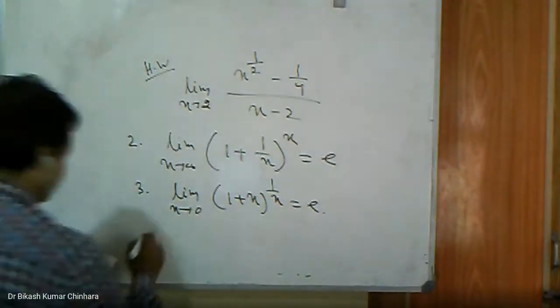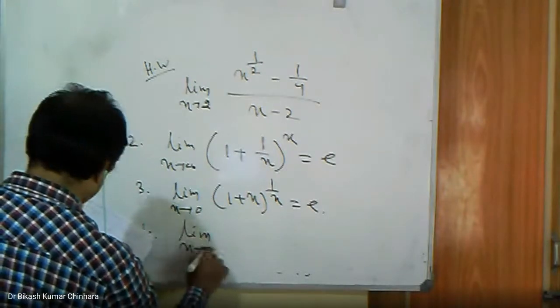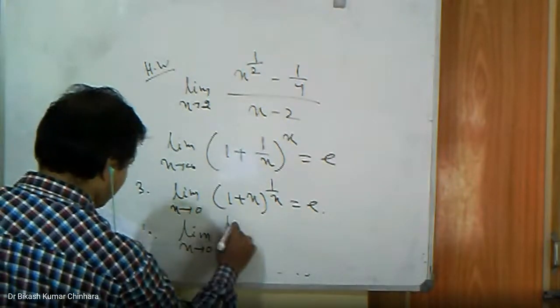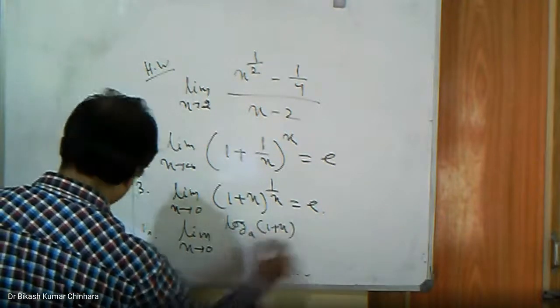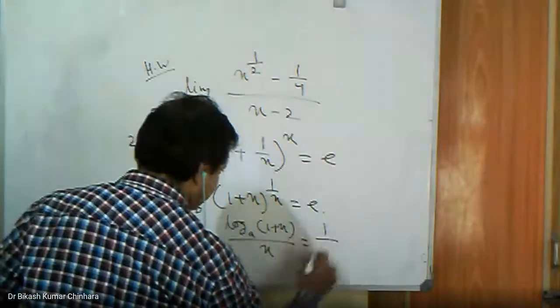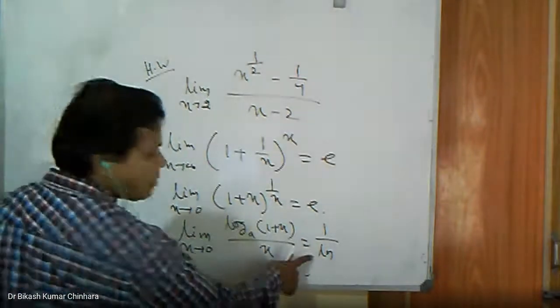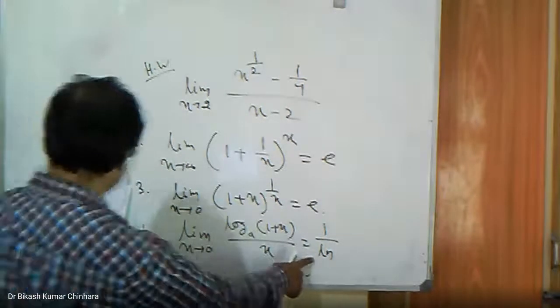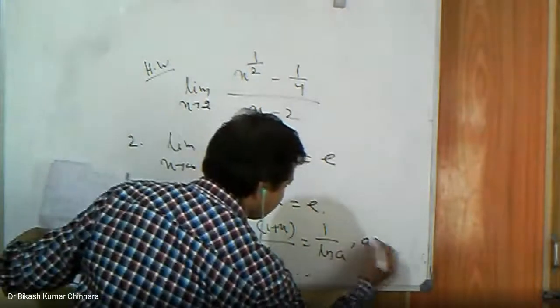Another useful formula is limit x tends to 0 log base a of 1 plus x by x is equal to 1 by ln a. Here the base is a, but whenever I am writing ln, its base is e. Here a is always greater than 0.